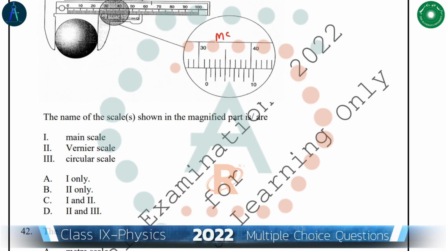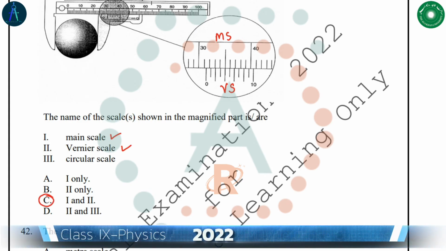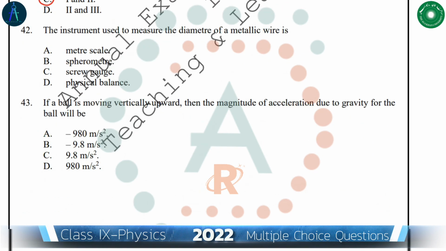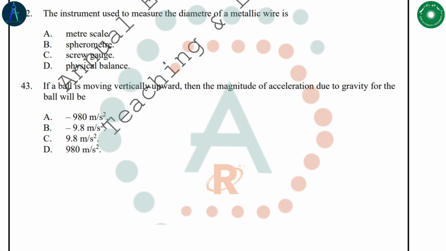This is the main scale and this is the vernier scale. So 1 and 2, option C is the right answer. The instrument used to measure the diameter of a metallic wire will be the screw gauge. Option C is the right answer.